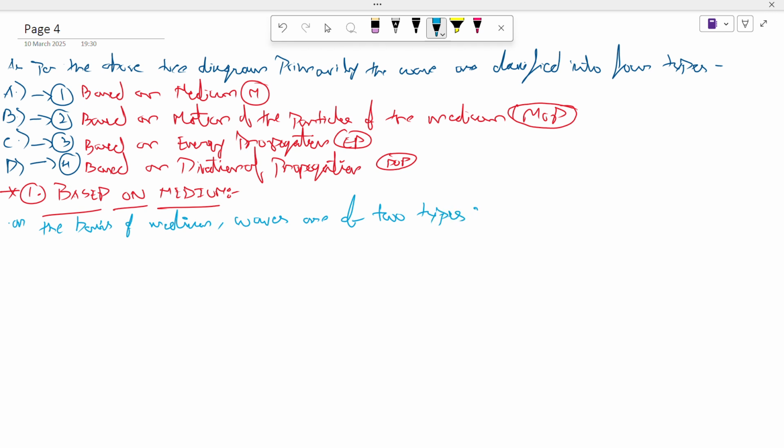What are those types? In the previous tree diagram, we have already discussed that as A, or the first one, on the basis of medium, we can memorize this as ME.